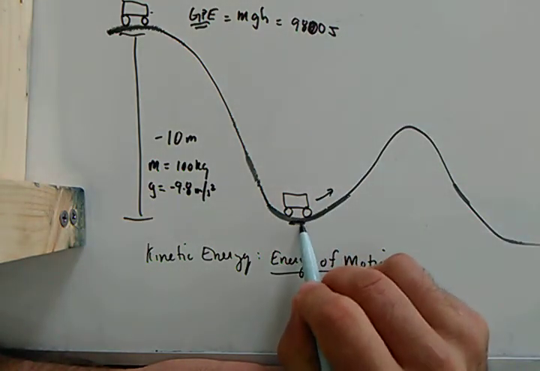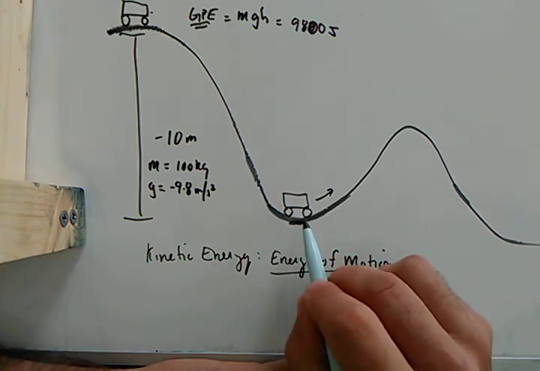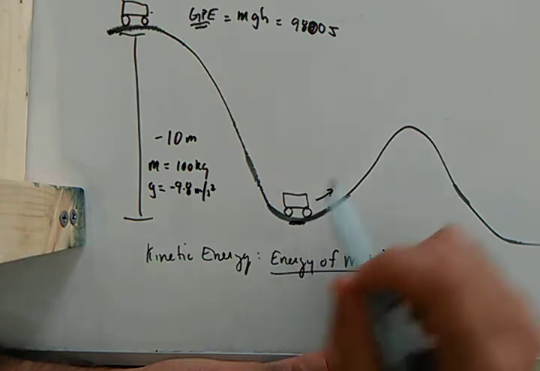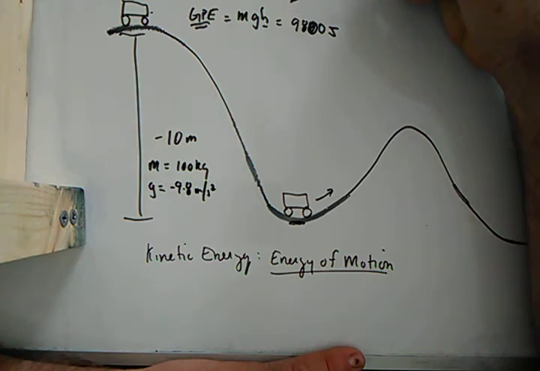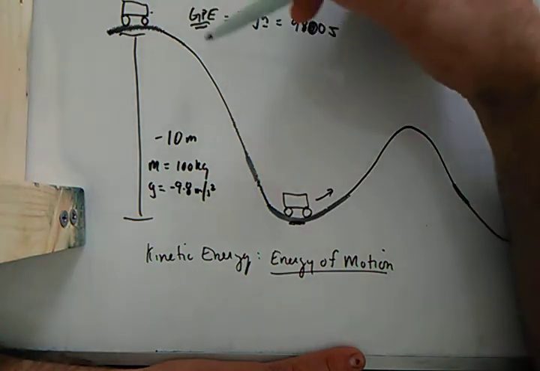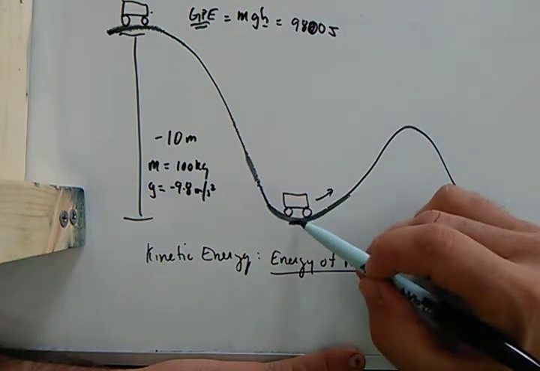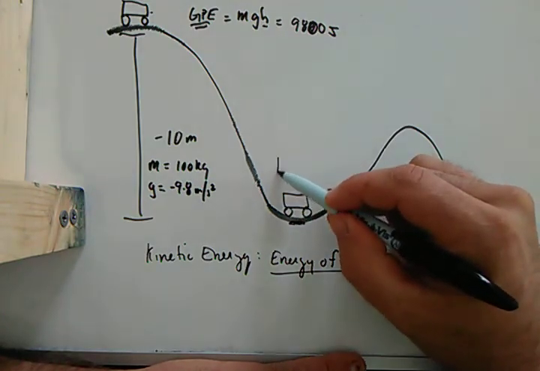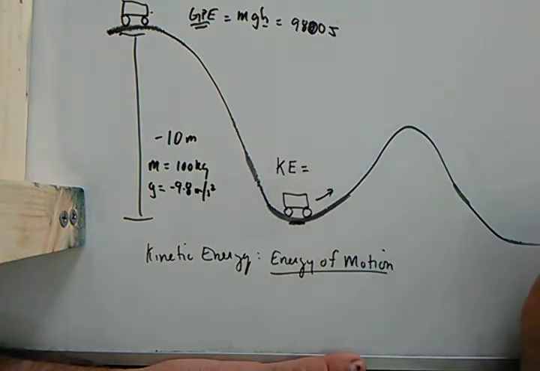Well, I'm here to tell you that it's actually pretty simple to find out. So look, does this have any height anymore? The answer is no. So if it doesn't have any more height, does it have any more gravitational potential energy? The answer is no. So gravitational potential energy is now transformed into what we call kinetic energy, the energy of motion.